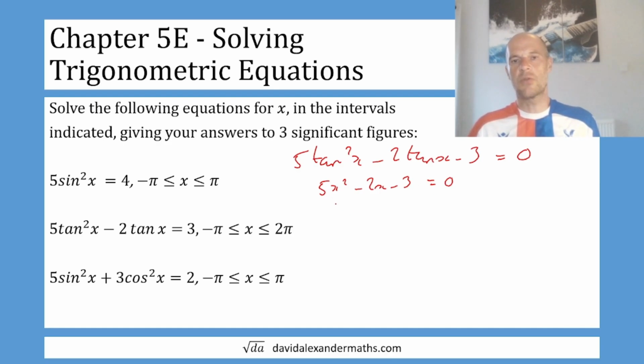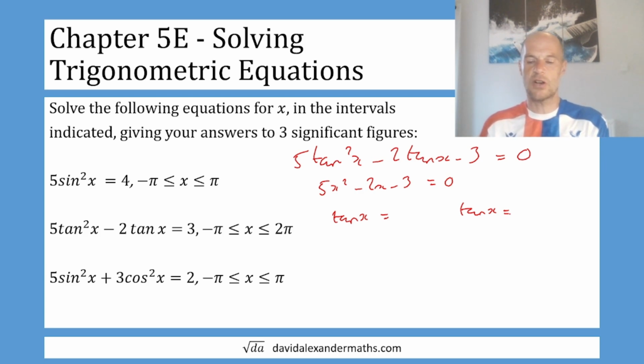But instead of solving for x, it's tan x equals some stuff and tan x equals some stuff. So go to the quadratic equation solver on your calculator, unless it's one that you can easily factorize and solve. So 5x squared take away 2x take away 3, and I'm getting tan x equals 1 and tan x equals minus 3/5.